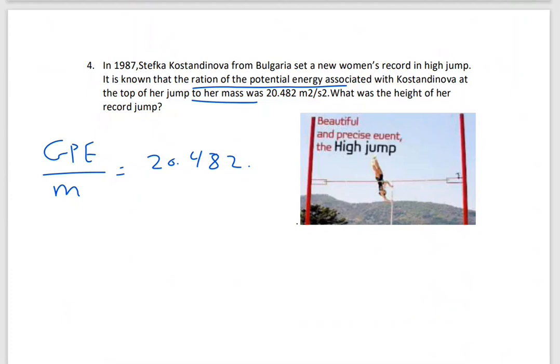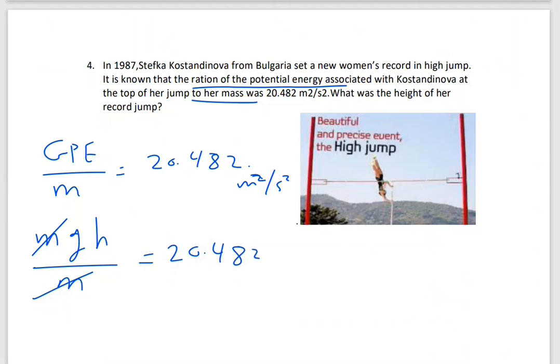Now, what is the formula for gravitational potential energy? This is meter square per second square. mgh divided by m. m and m cancel out. This equals 20.482. g is 10. I don't have the height.